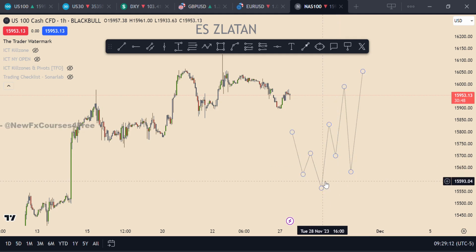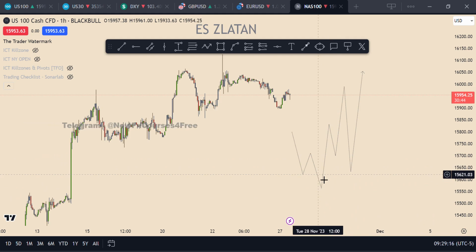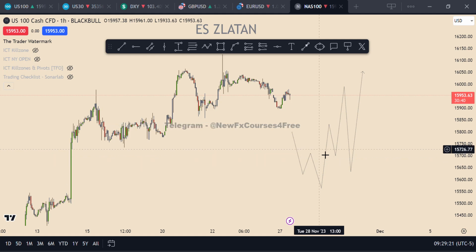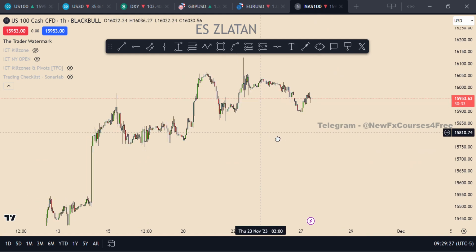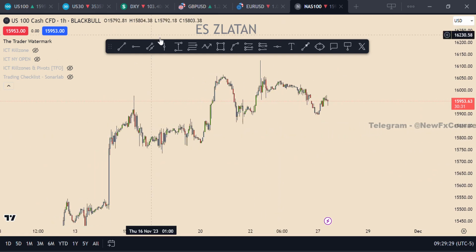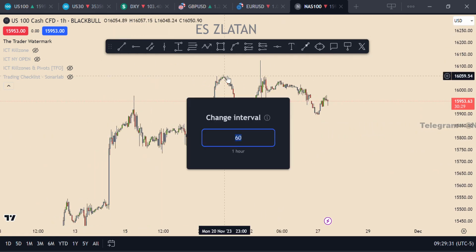Now the PD array we use is order blocks. A high probability order block is the order block that digs out liquidity, right? So let's look out for some examples on the lower time frame, in 5 minutes. Yep.